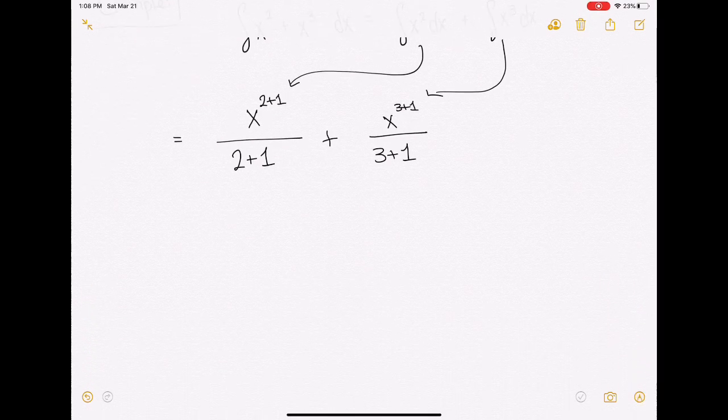And so if I want to simplify this, it simplifies pretty easily to x cubed over 3 plus x to the 4th over 4.